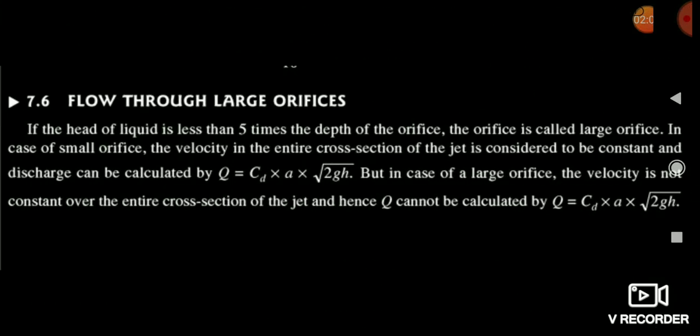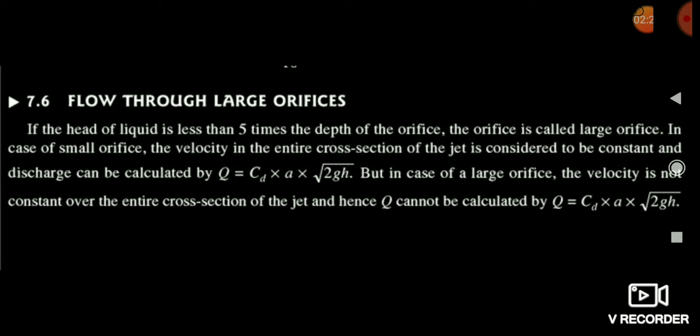Now friends, you see the next thing. Here it is very important. You can see that for the flow through an orifice, there are two types of orifices: one is the large orifice and another one is the small orifice. For large orifice, the formula is this one: Q, the discharge, is equal to CD into A into root under 2gh.